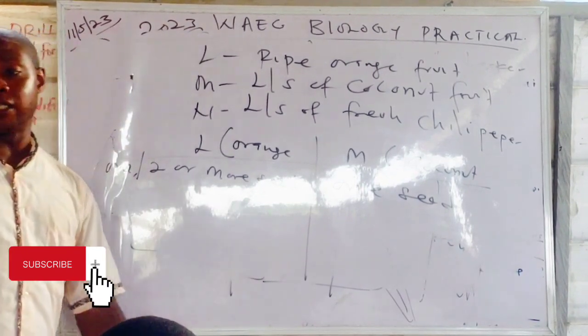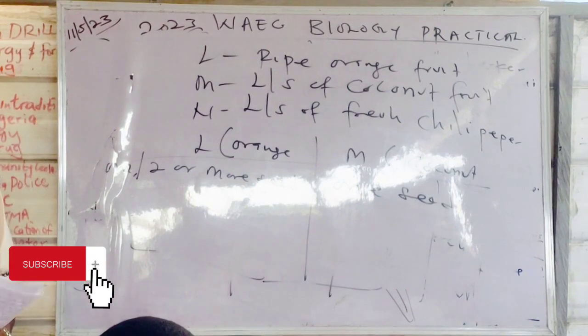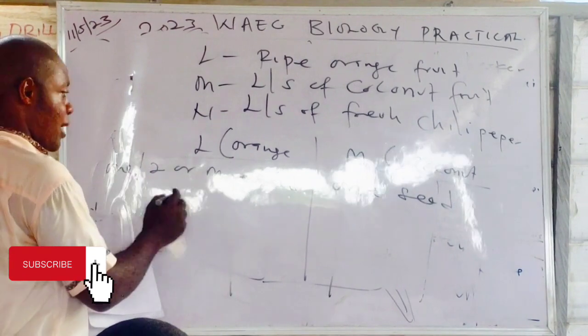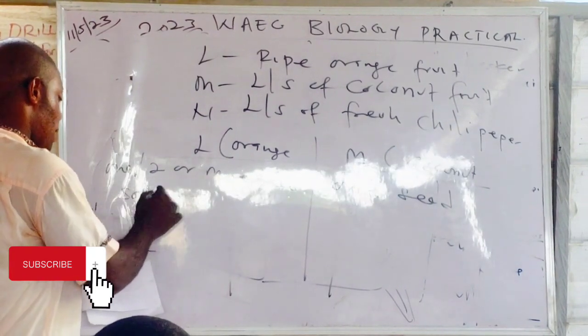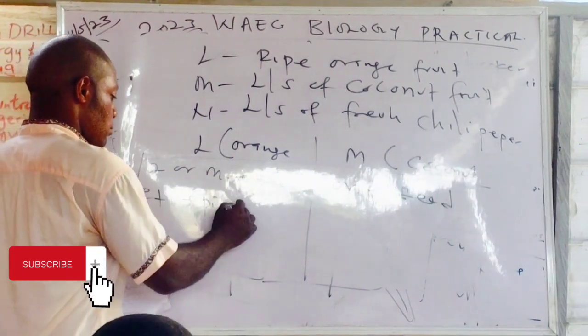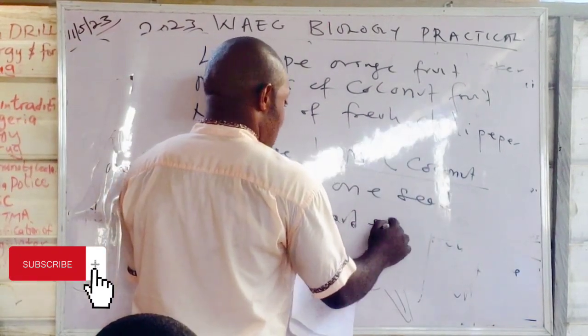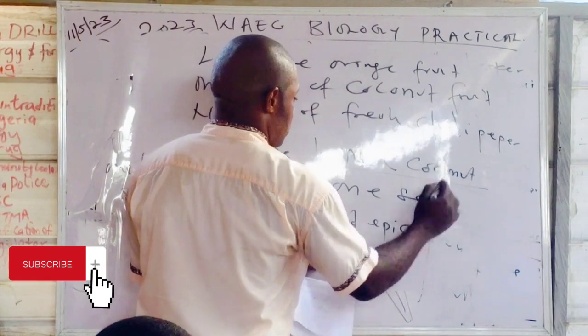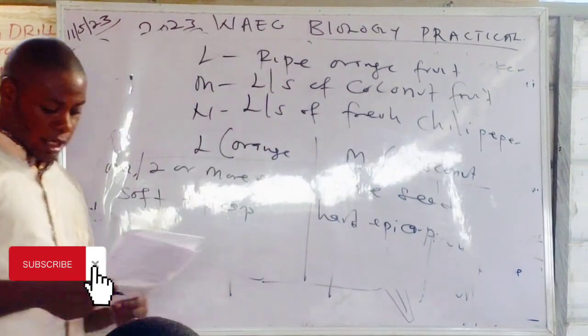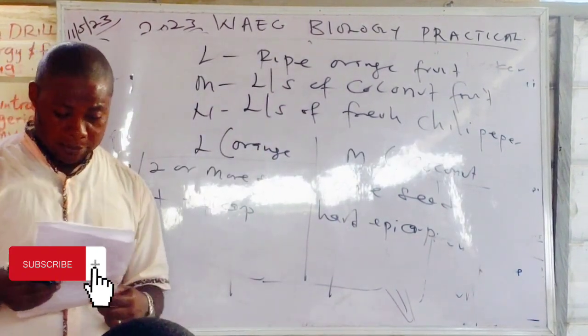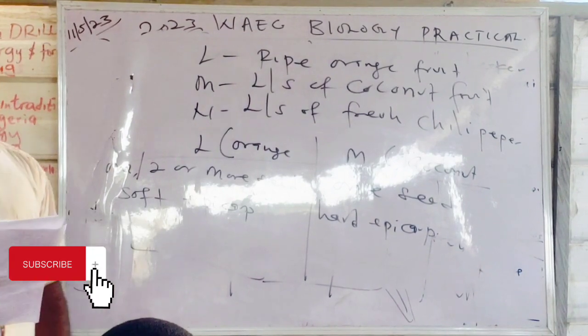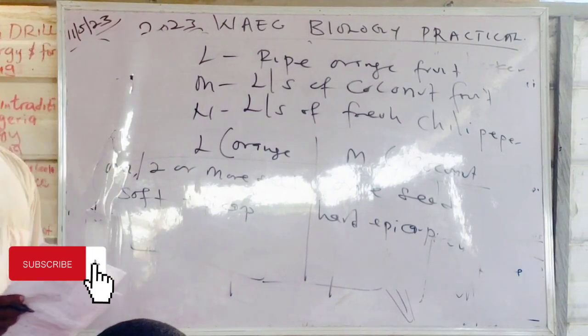Then what are the other things you can see about coconut and orange? Hard surface for coconut. This one is soft epicarp. What other thing can you see about them? Juicy mesocarp. Which one is juicy?